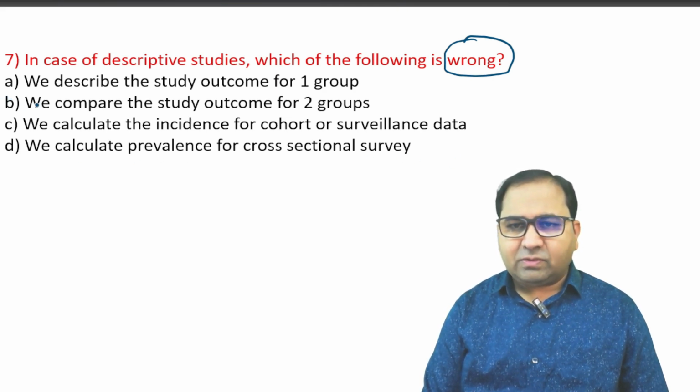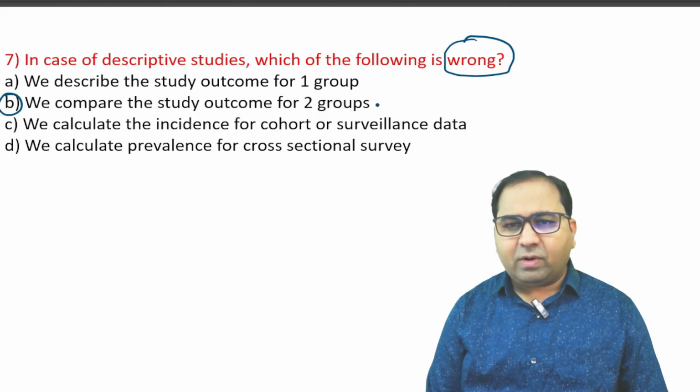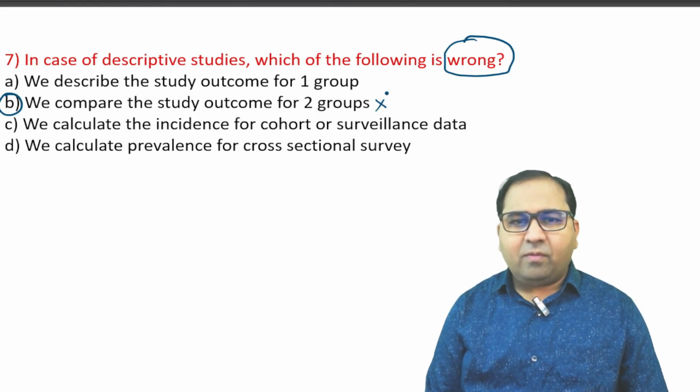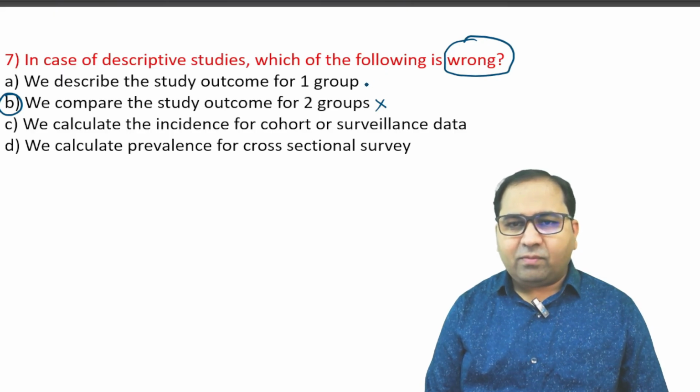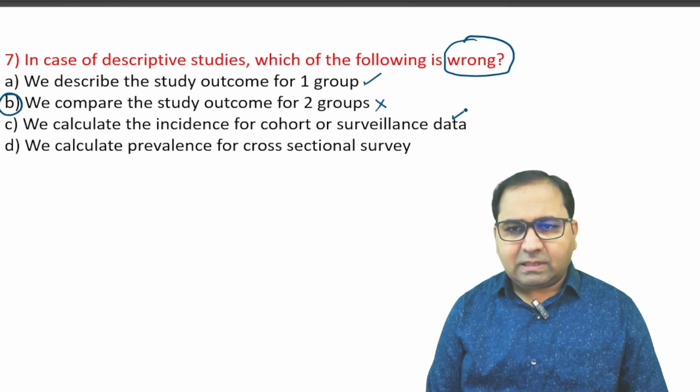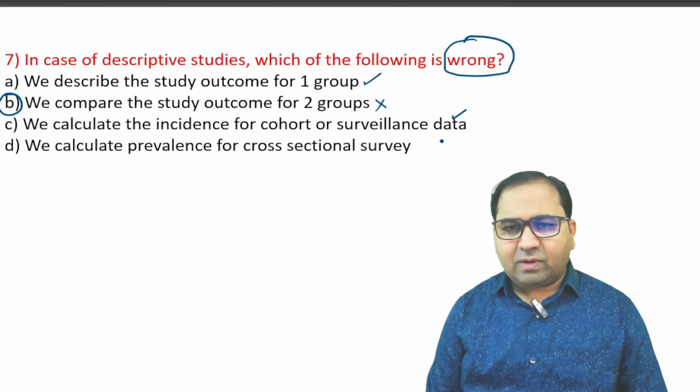So what is the answer for this question? The answer is that option B is wrong. That is, we compare the study outcome for 2 groups is a wrong statement, whereas describing the study outcome for one group is correct, calculating the incidence for cohort and surveillance data is correct, and calculating the prevalence for cross-sectional survey is also a correct statement.